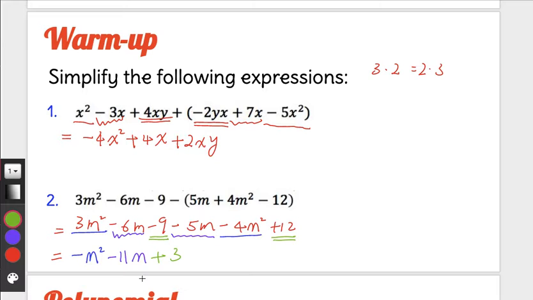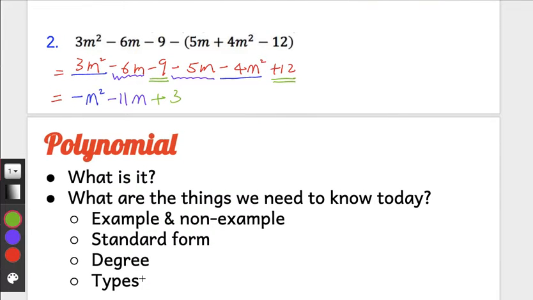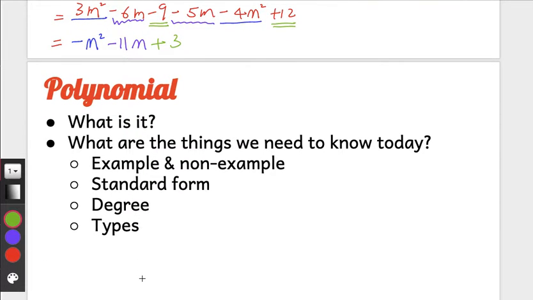Some students might wonder, why do we need to do something old like combine like terms? Because these two expressions we're looking at are actually linked to the word we are going to introduce, which is polynomials. Today we are going to focus on several words here. First, we are going to check some examples, and then we are going to introduce some non-examples. The last three words, standard form, degree, and types of polynomial, will be the focus of the day.